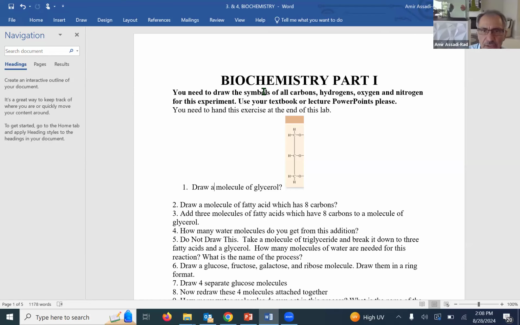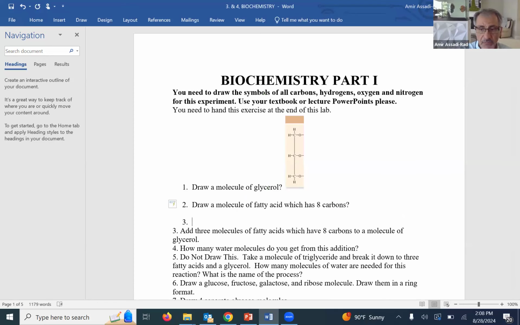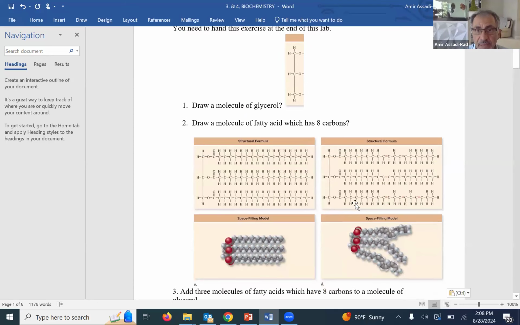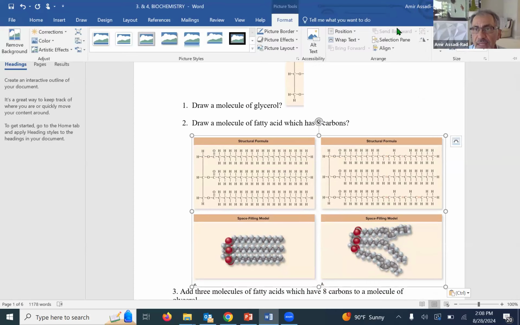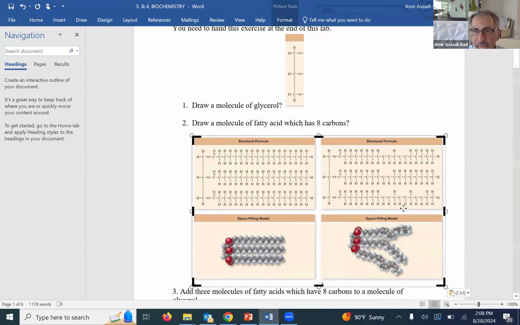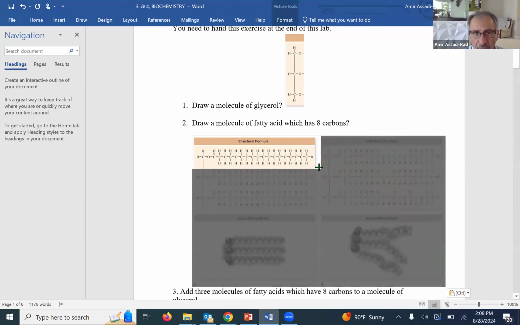Same thing, and now draw this one, this is supposed to go down here, but anyhow, and then draw a molecule of fatty acids. You guys follow what I'm doing? Another paste. So fatty acid, 8 carbons. Do not worry about 8 carbons. Again, you go here, you go to format, you go to crop. And of course, after today's lecture, you had Bio 1, you had Chemistry 3A.